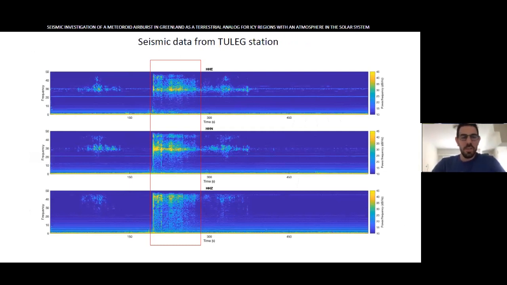Now we can see the data in this last slide. These data are interesting for some reasons. First of all, we can see a very clear wave front. You can imagine the wave front like a wall that hits the seismometer all together, whether in the atmosphere or in the solid part.